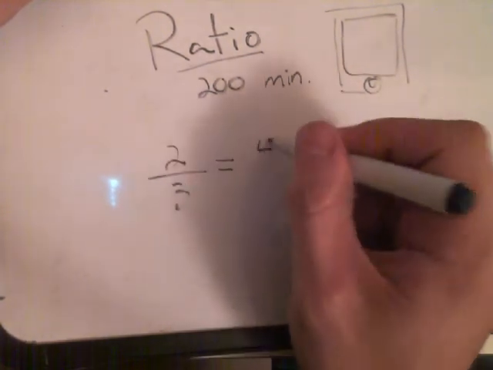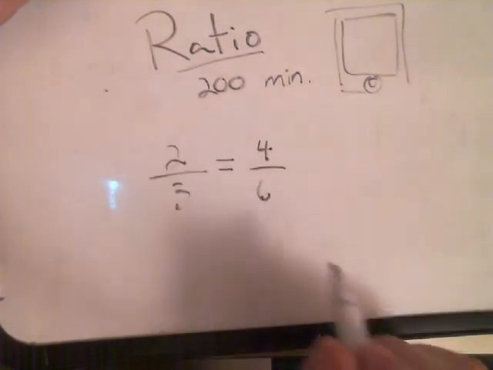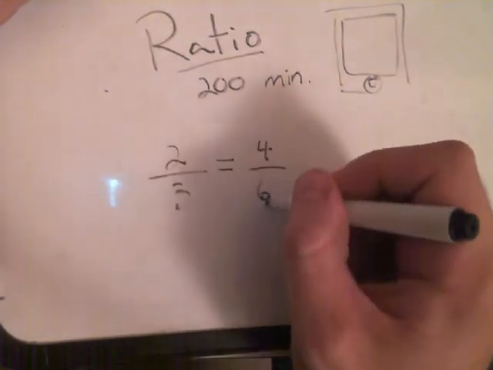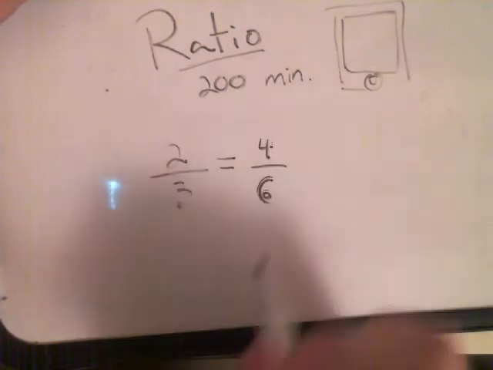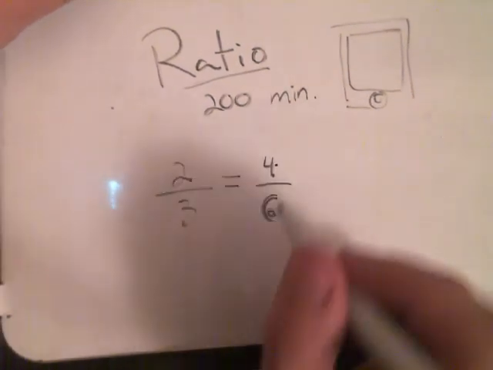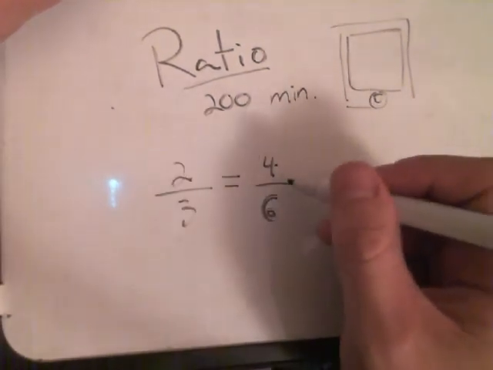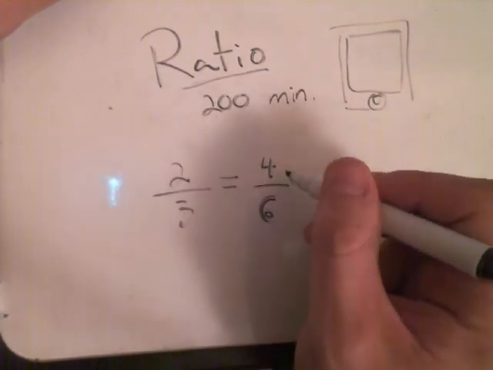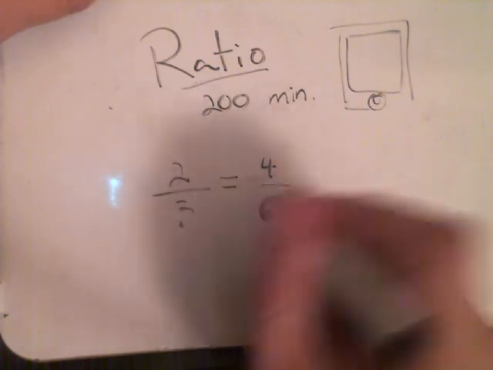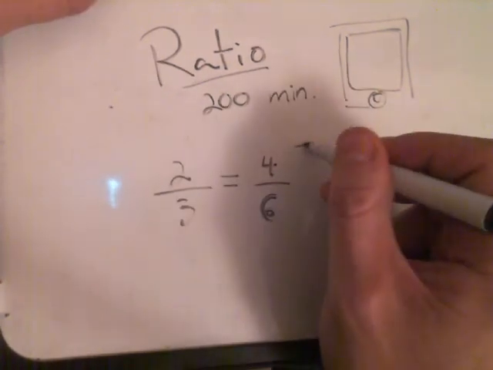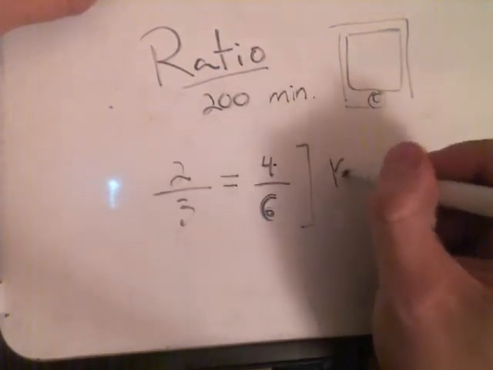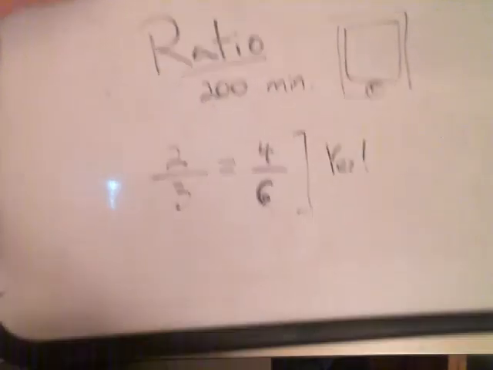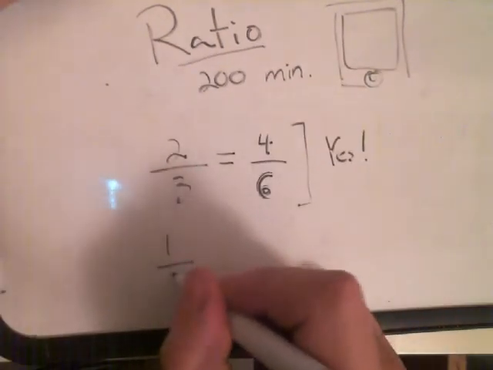Well, how about this one? 4 over 6. Yeah? So notice that if I actually simplified 4 over 6, I would end up getting 2/3. Right? So this comparison is fundamentally equal to this one. So these are proportional. Yes. So that equal sign is true. What about something like this?